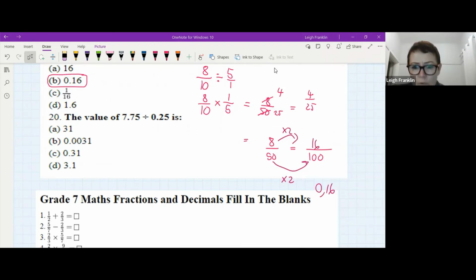Okay, you do that one for us, and then you can tell me what your answer is. It's 13, ma'am. It's A. Well done. It certainly is. Good job, Ntabiseng. That's lovely.